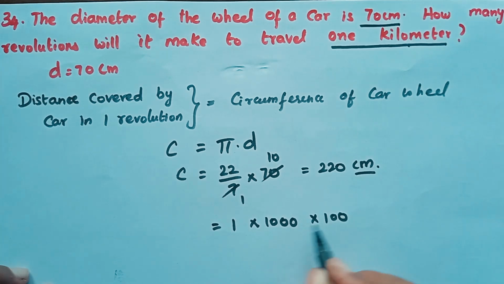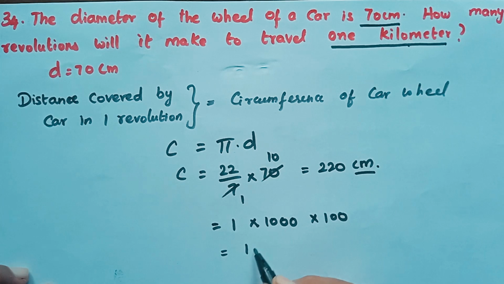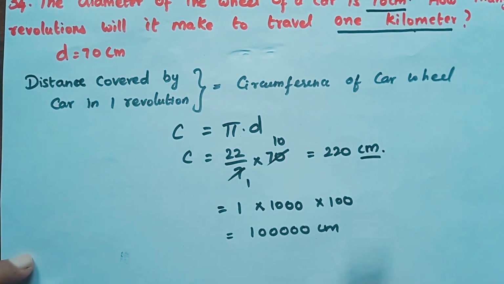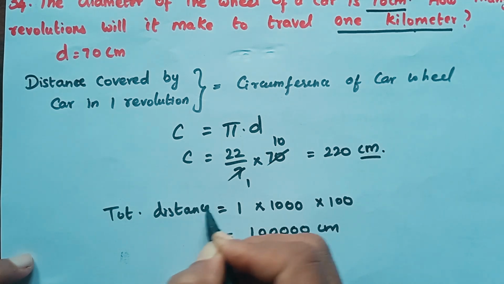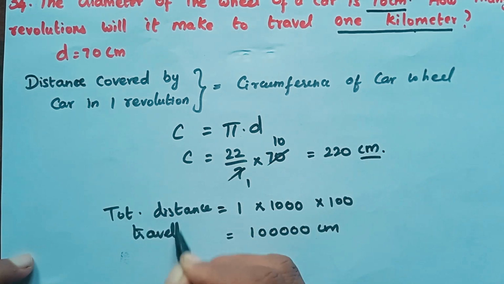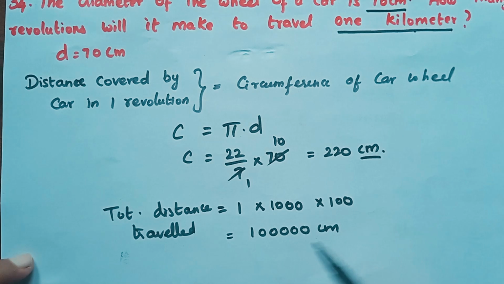So totally you have to multiply by 1000 and 100. So we will get 5 zeros. Now it will be in centimeters. This is the total distance traveled. Now we have converted the kilometer into centimeter.